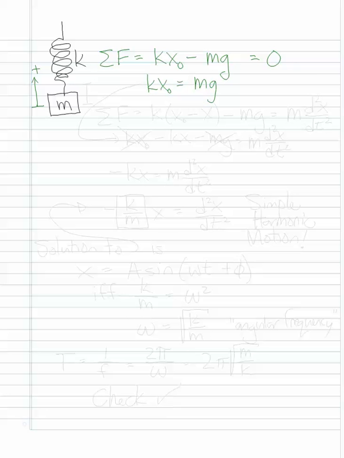Okay, so if we then move the mass upward by some distance, then that means that now we have a new set of forces. We have the k x naught, and now plus a new x, but since that was in the upward direction, if we add a new x, this is going to be subtracted from the original hang length.